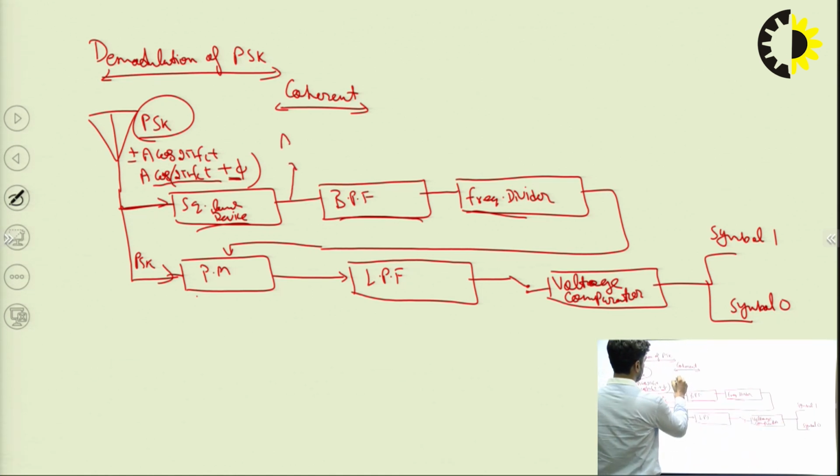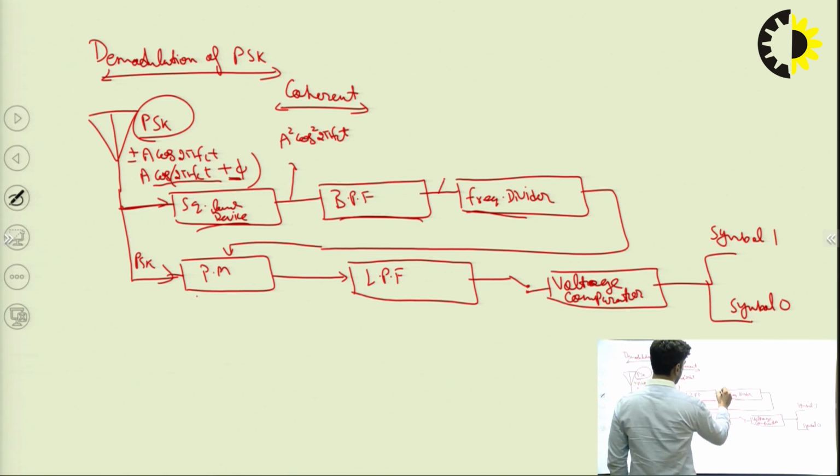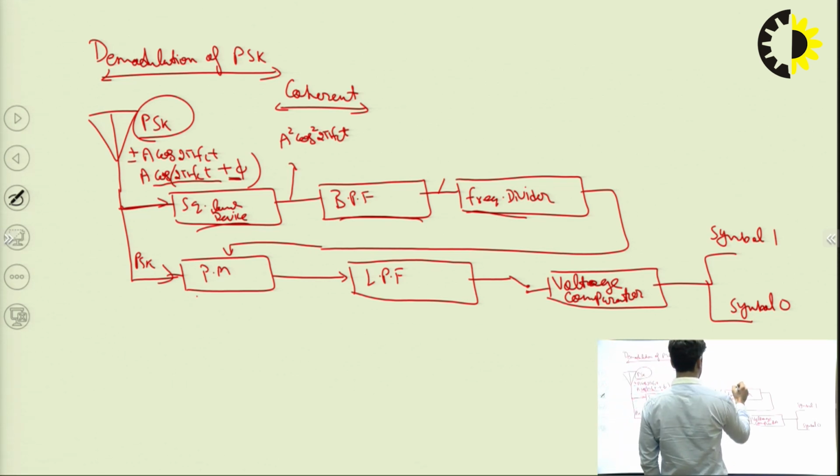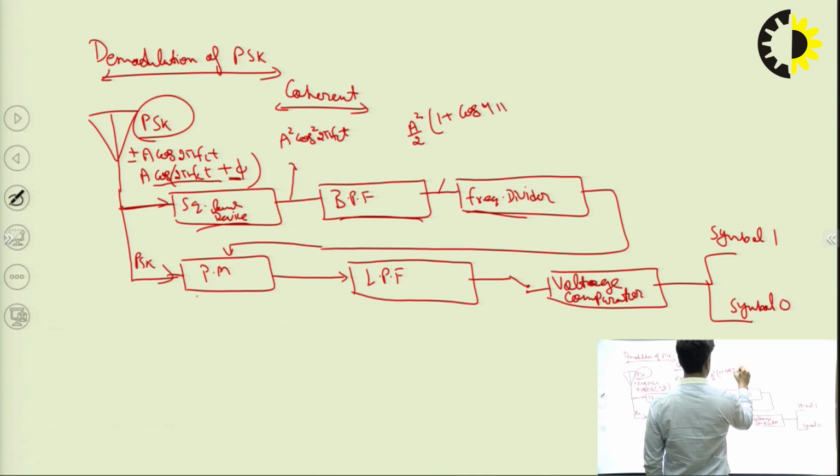Now what is happening here? You can see here A square cos square 2 pi FCT. Now the band pass filter will pass a certain frequency along with the carrier and stop the other frequencies. Here you can see we are using the frequency divider also. After passing through, we will get A square by 2 times 1 plus cos 4 pi FCT.